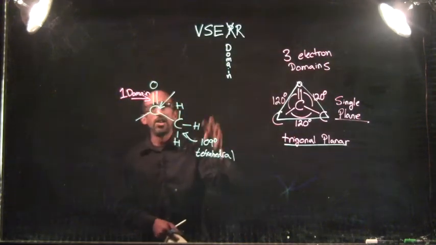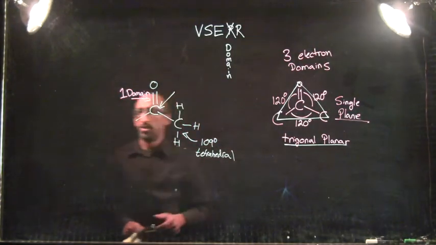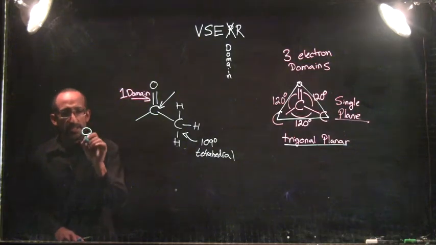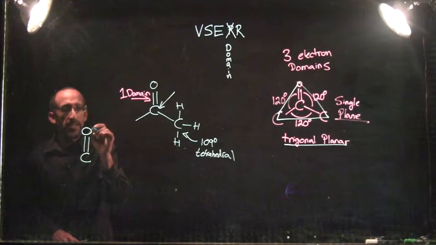I want to now take a look at the oxygen atom of acetone. If we look at this oxygen atom, it is double bonded to a carbon, and it has 2 lone pairs on it.